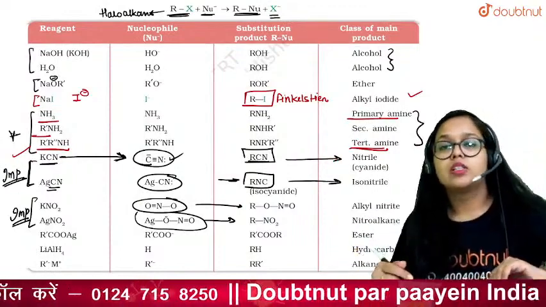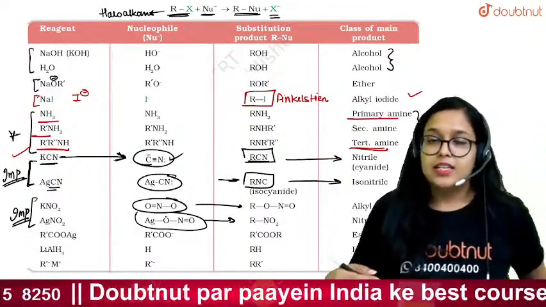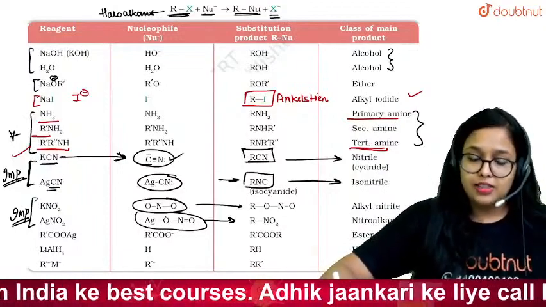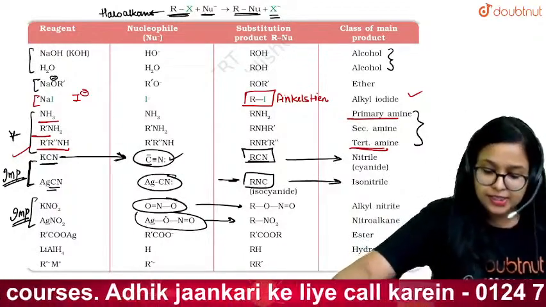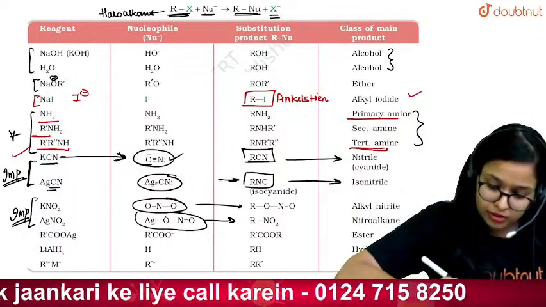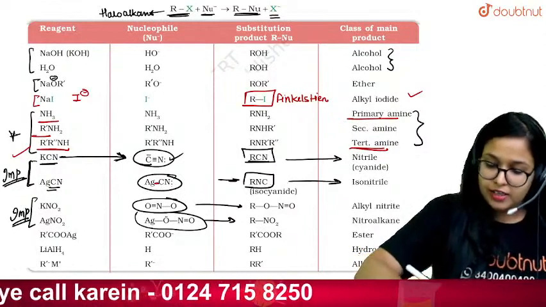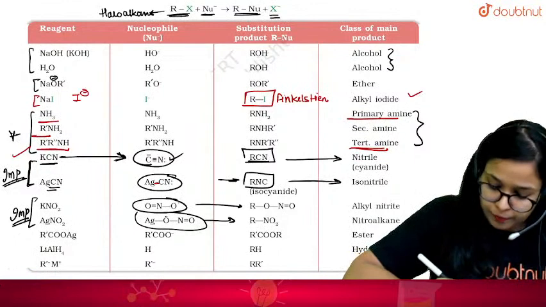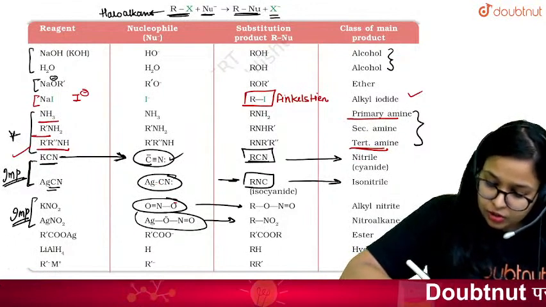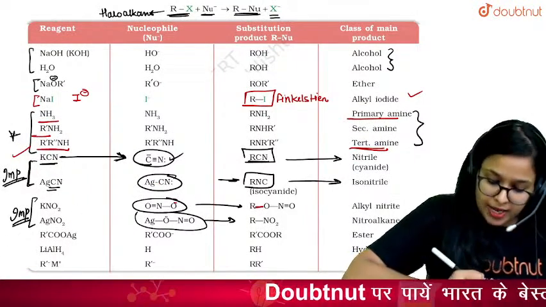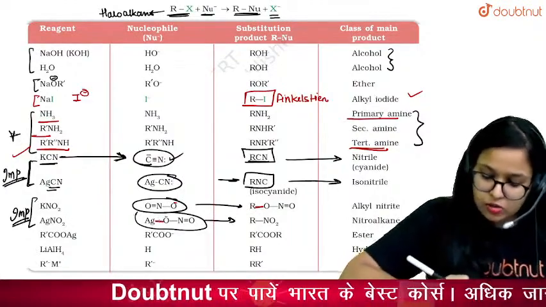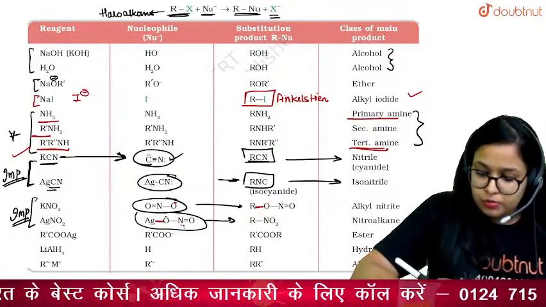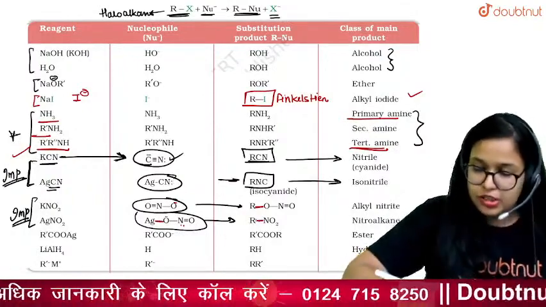It is only because of the ionic and the covalent bond. Ionic says that in cyanide, carbon has a free electron and it attacks, whereas in AgCN, silver and carbon have a covalent bond, so it is the free nitrogen pair that attacks, and the bond forms between R and N. In the case of KNO2, O minus is free, oxygen attacks, and a new bond is formed between R and O. Whereas in AgNO2, the Ag and oxygen bond is covalent and has no free electrons, so nitrogen's lone pair attacks R, and a new bond between nitrogen and R is formed.